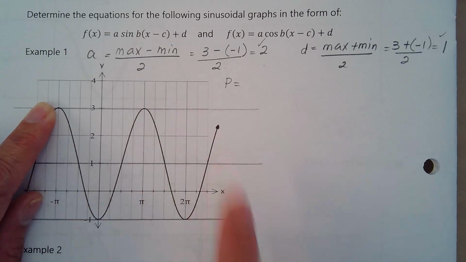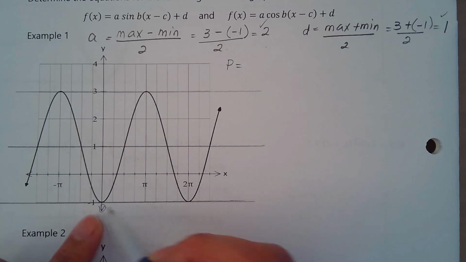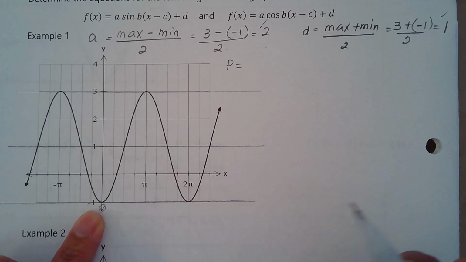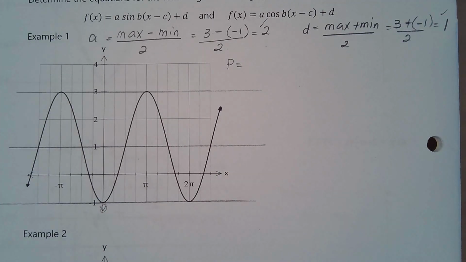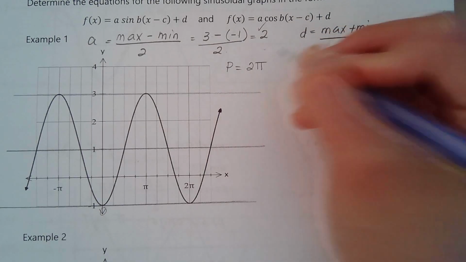Or you can go minimum to minimum, so this is 0 to 2 pi, which is 2 pi. Is everybody okay with that? Yeah? Okay. And if not, please say something. I can't read your mind, so let me know.